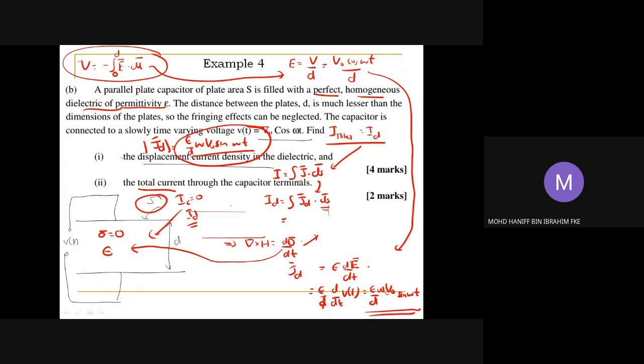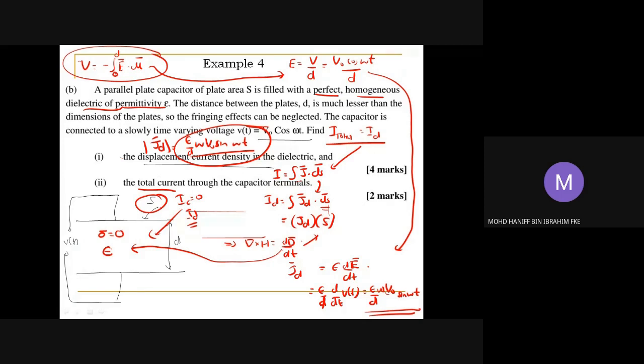In that case, we can ignore the integration and simply multiply JD by the area S, because JD and ds have a similar direction of unit vector, so the dot product produces a positive value.